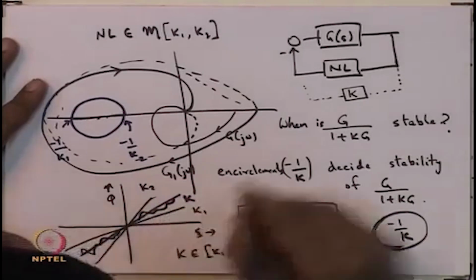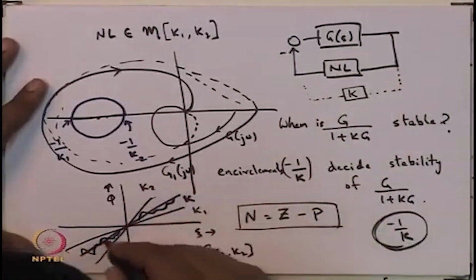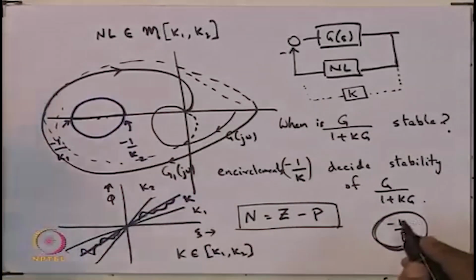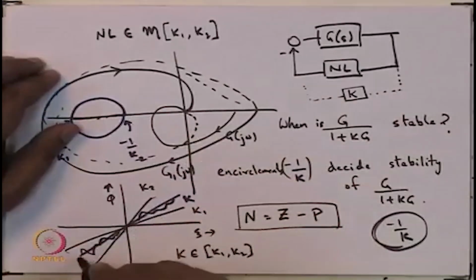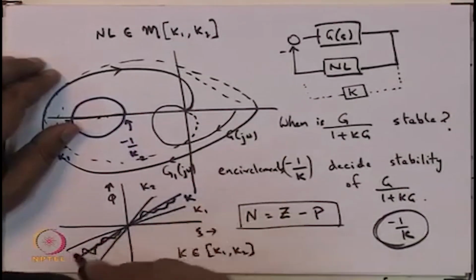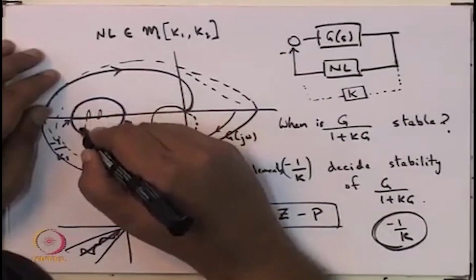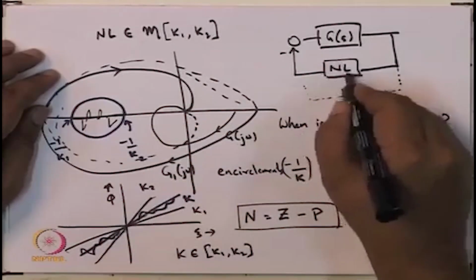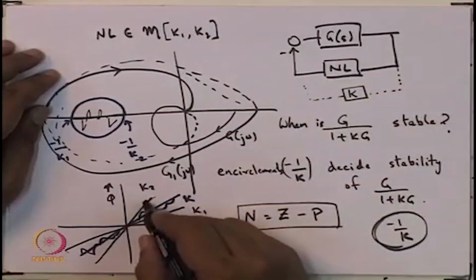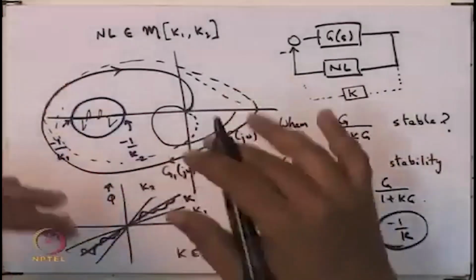Okay. So you could think of this nonlinearity as something linear like this k, but with some perturbations. Now one way to view the circle is that these perturbations from this k are captured within this circle, and so any nonlinearity in this k1 k2 sector can be thought of as a linearity with perturbations.